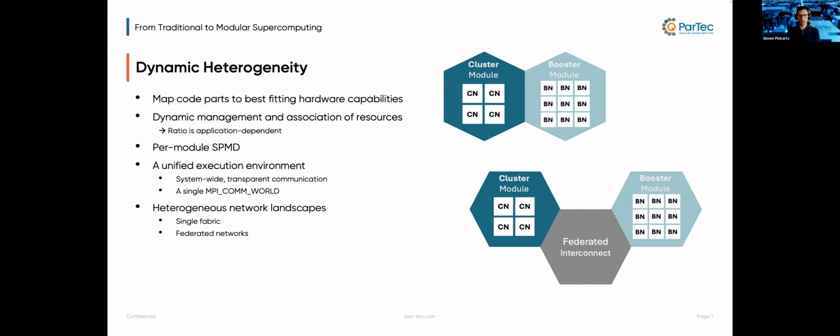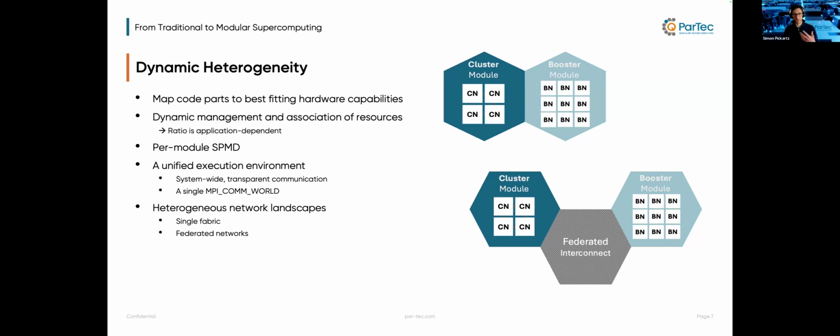In the same sense, we do not only support with this concept a coherent or unified network landscape, but if you consider that there might be situations where one hardware type would benefit from a certain network architecture compared to the other one, we would also support heterogeneous network landscapes within such systems, meaning that we have a federation in those systems, translating from one network to the other, also in a transparent way. But this is not necessarily the case, of course. Both approaches are possible, and it is very important to mention that we are not limited here.